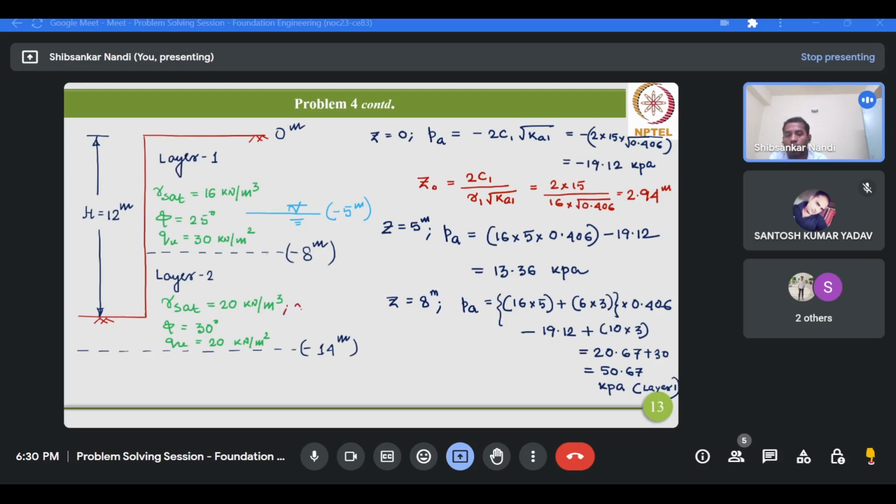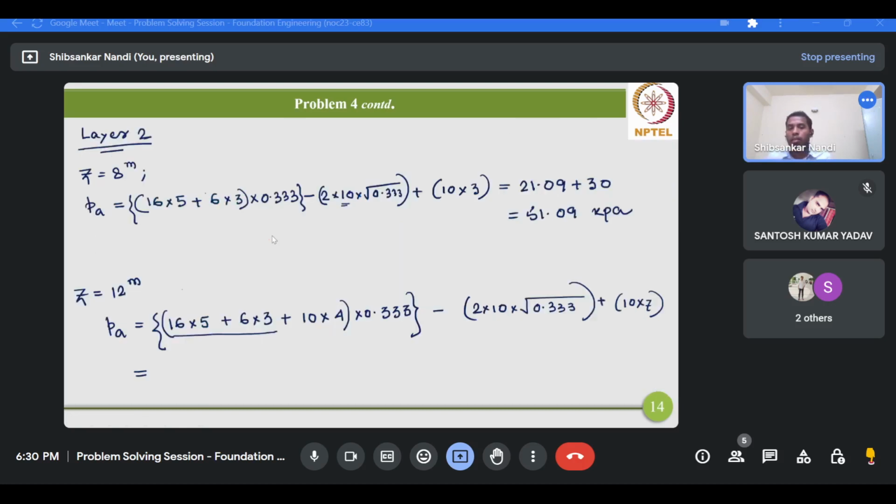Okay. So, here I am writing gamma prime is your 10 kilonewton per meter cube, and here gamma prime is your 6 kilonewton per meter cube. Okay, is it fine?